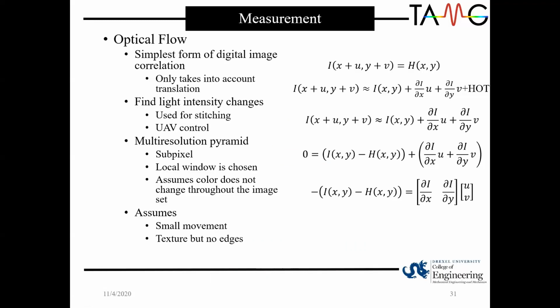Going a little bit further into high-end image processing algorithms, one of them is optical flow. And this is basically a simple form of digital image correlation. And we're going to break into that a little bit. But we basically use image stitching and light intensities within the same field of view as it changes to identify motion in the image itself, right?